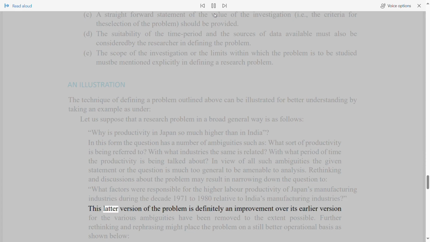This latter version of the problem is definitely an improvement over its earlier version, for the various ambiguities have been removed to the extent possible. Further rethinking and rephrasing might place the problem on a still better operational basis as shown below.